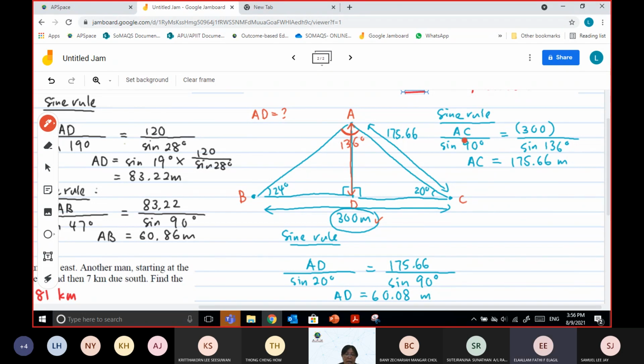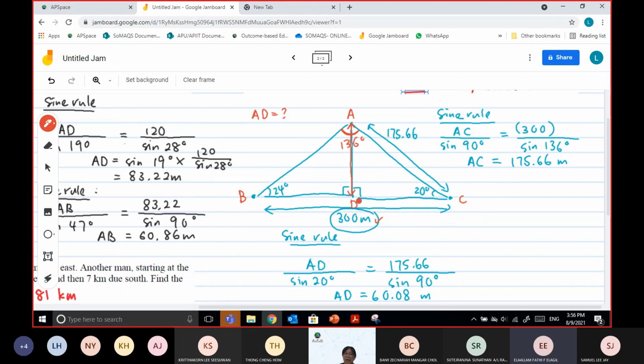Excuse me, miss, can you hear me? Yes. Miss, if you use the 300 meters and use sine 90 degrees, this means you need to use half of the 300 meters, as we are finding AC.